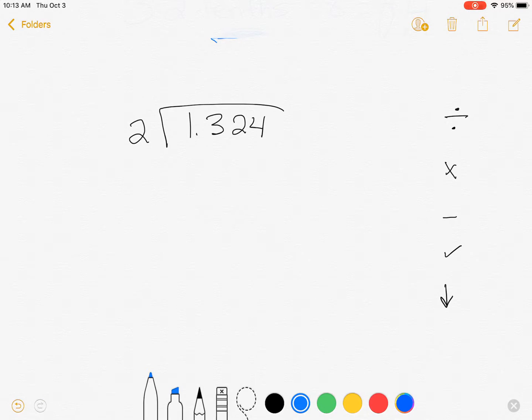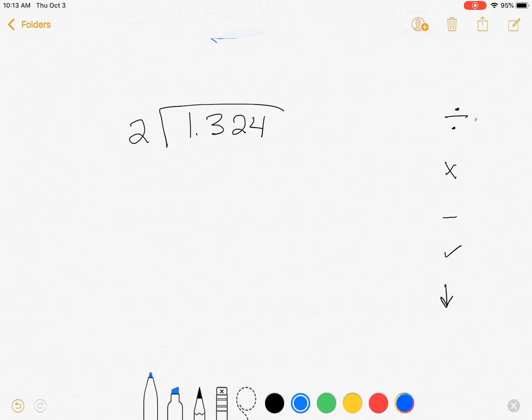So, as I point to these steps, tell me what they are. And the acronym you guys told me about is, Does McDonald's Sell Cheeseburgers? Okay, so first we'll start with divide.